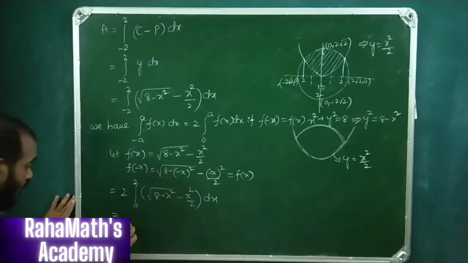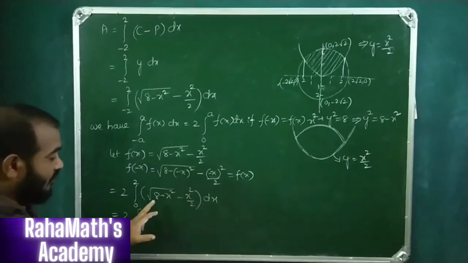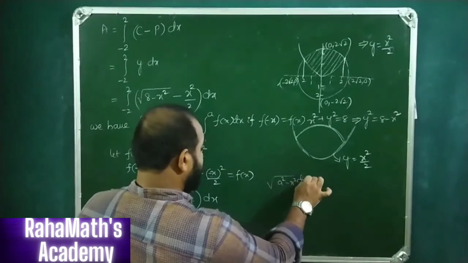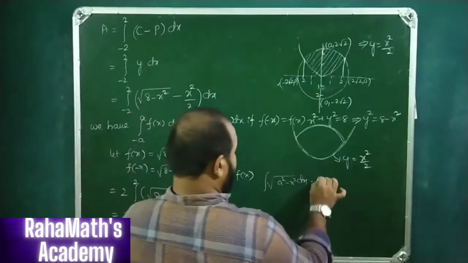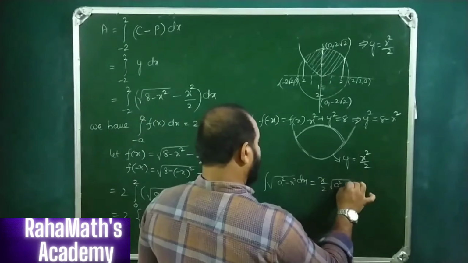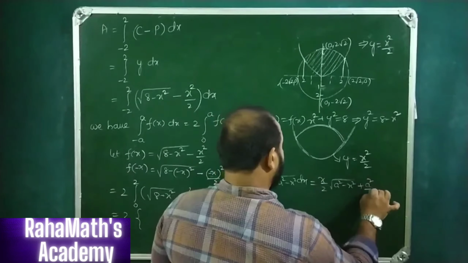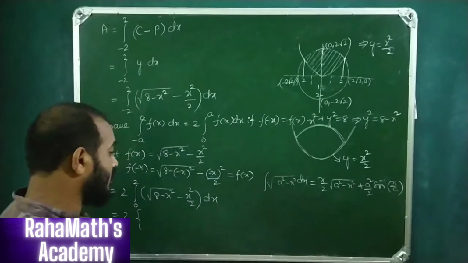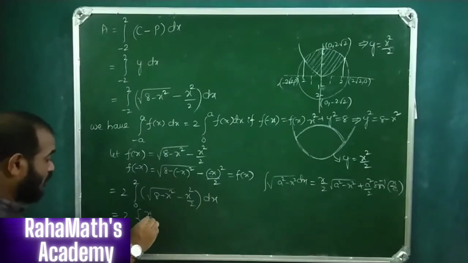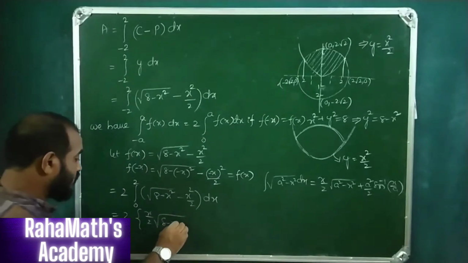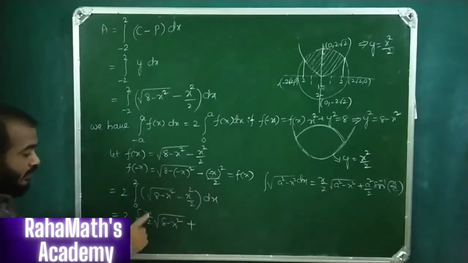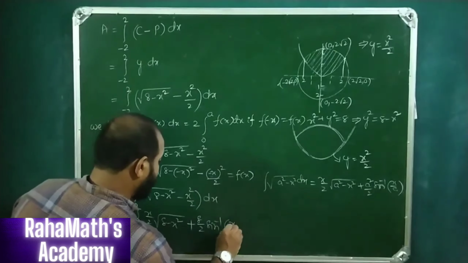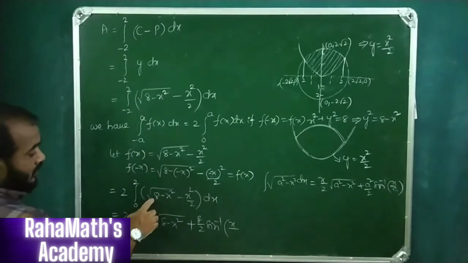We have a formula: the integral of root of a square minus x square dx is x by 2 root of a square minus x square plus a square by 2 sine inverse x by a. Based on that, we get x by 2 root of 8 minus x square plus 8 by 2 sine inverse x by root 8.